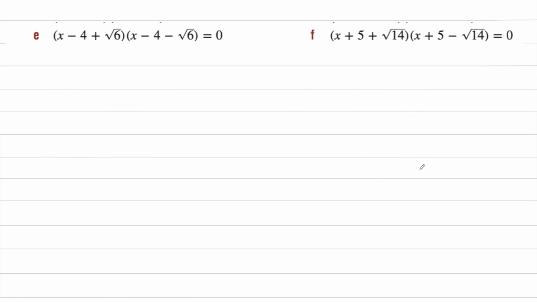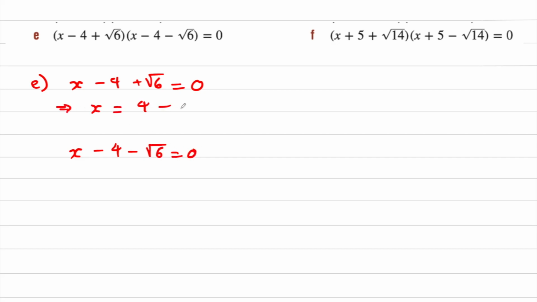Move to question E, and this is the last two questions about solving by this factorizing form. H minus 4 plus square root 6 equal to 0, and the next bracket, h minus 4 minus square root 6 equal to 0. So h equal to 4 minus square root 6, and the next one, h equal to 4 plus square root of 6.